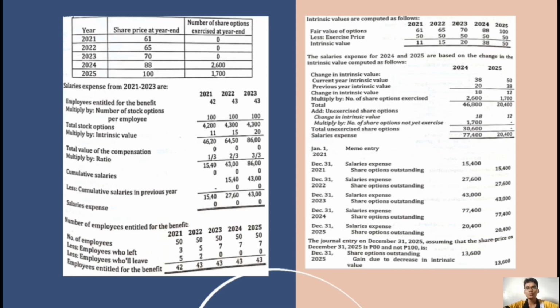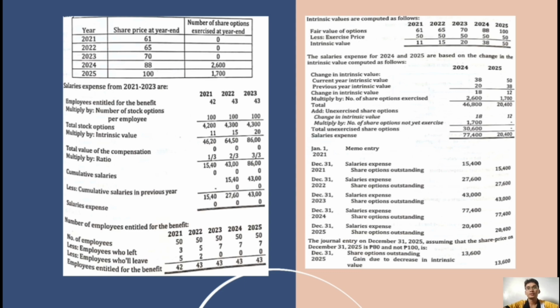Now we compute the salary expense. Expense for exercised options: salaries expense equals the change in intrinsic value multiplied by the number of share options exercised. In 2024, the change in intrinsic value is 18, multiplied by the number of share options exercised, 2,600, equals 46,800.